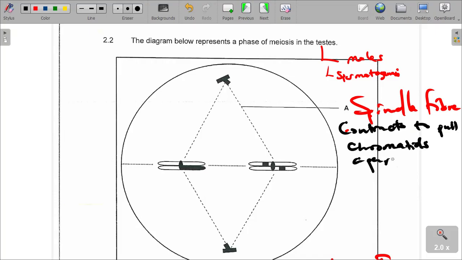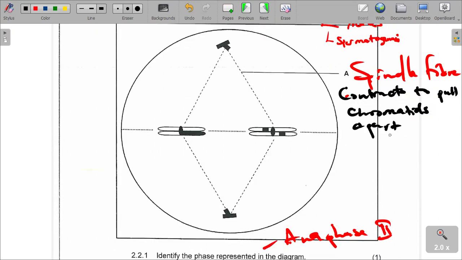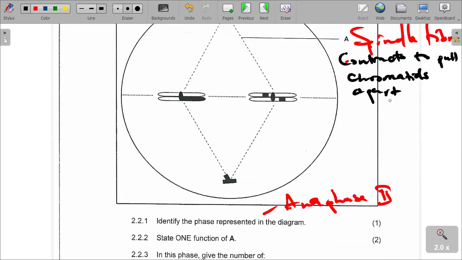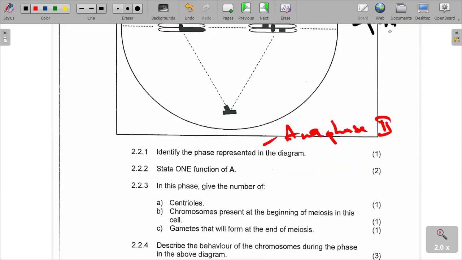In other words, the spindle fiber controls the positioning of the chromosomes or chromatids.